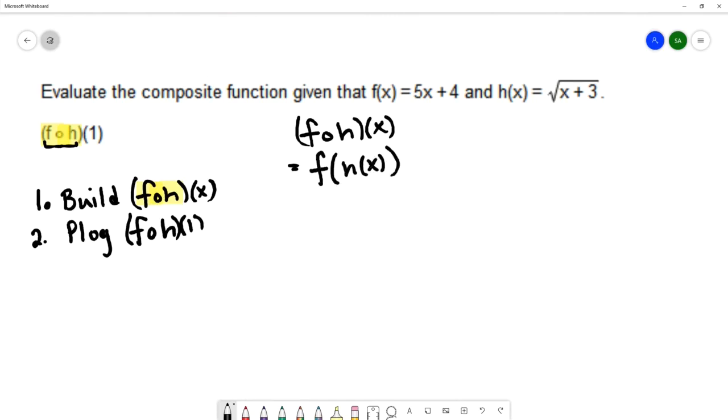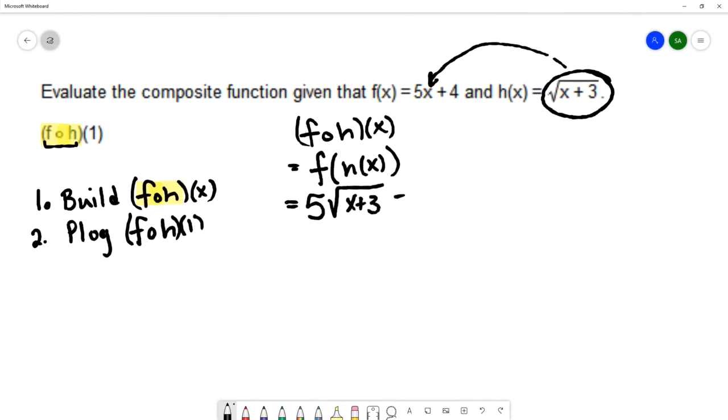So we're substituting h inside of f. So we're going to substitute this square root in for that x. That's going to give us 5 square root of x plus 3 plus 4. And there's not really any major simplification we can do here, so we're going to stop.